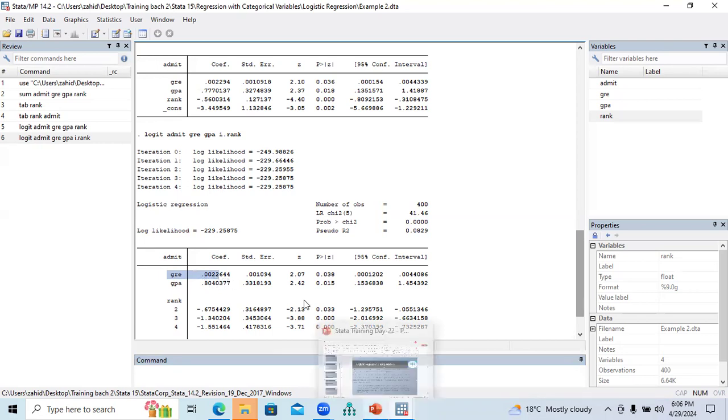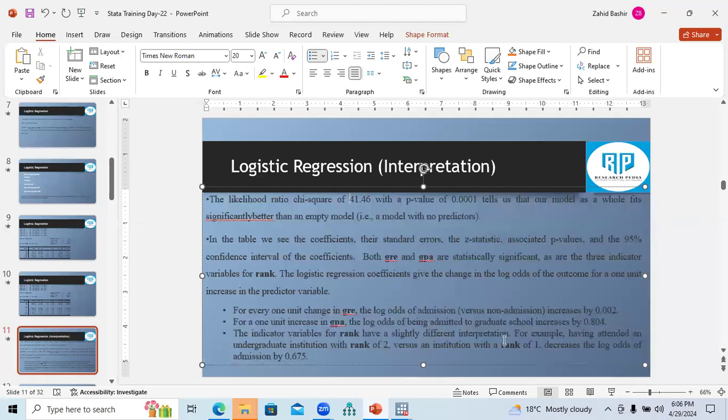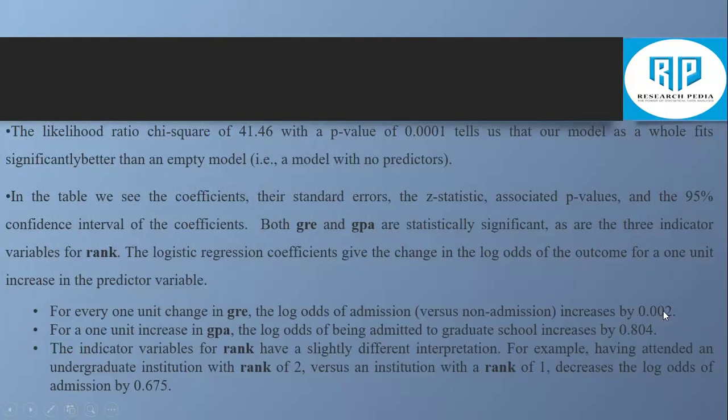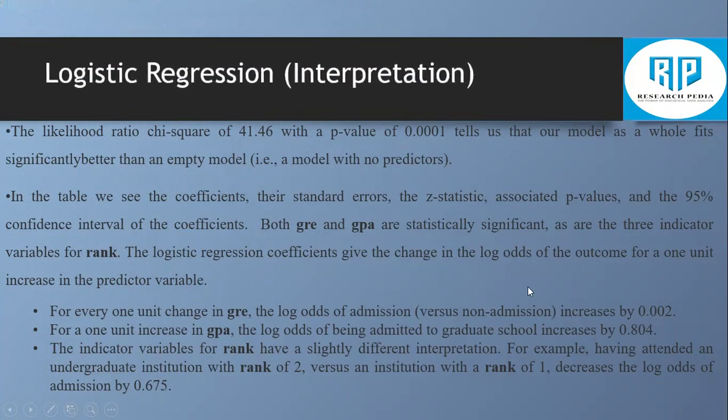Always remember, when you interpret a logistic regression, the style of the interpretation changes.